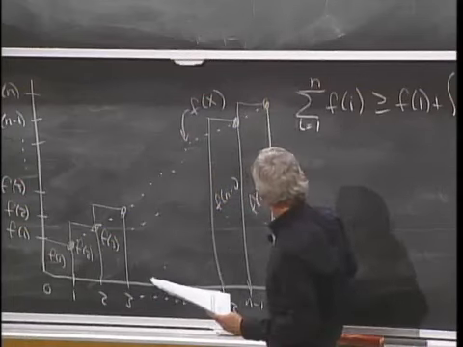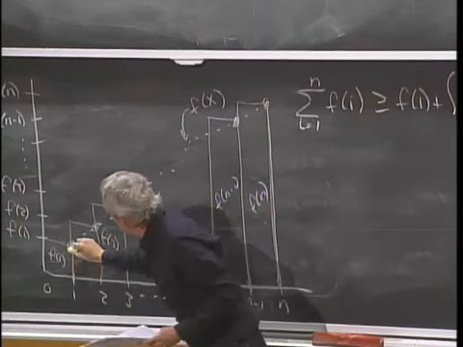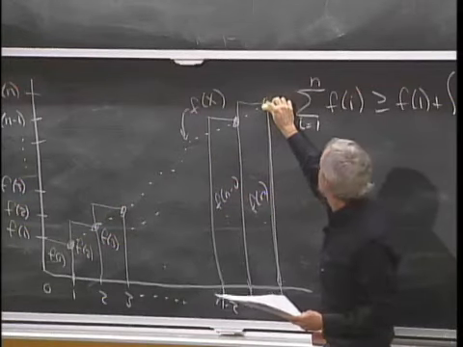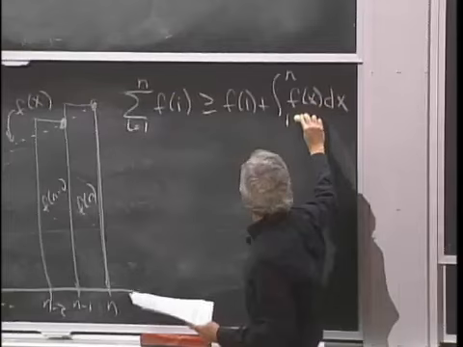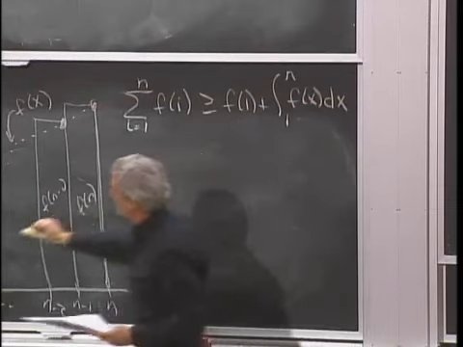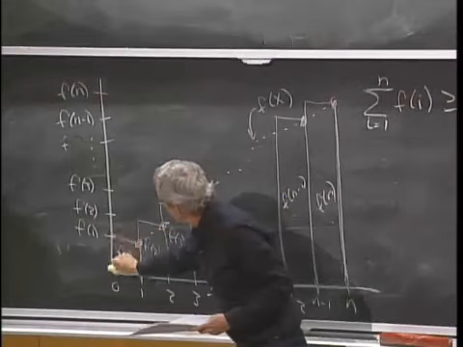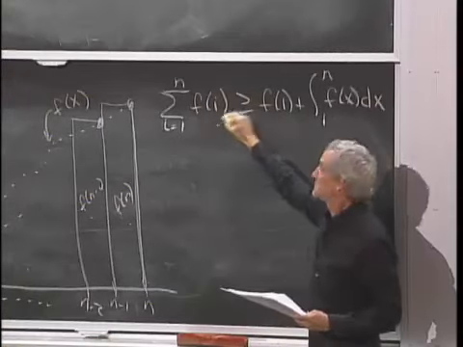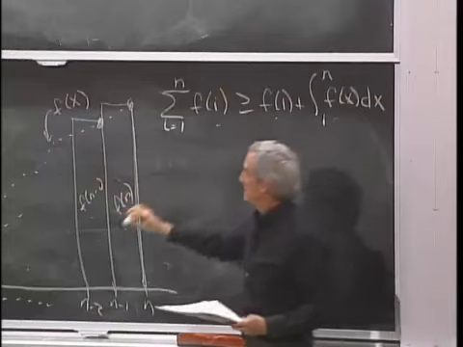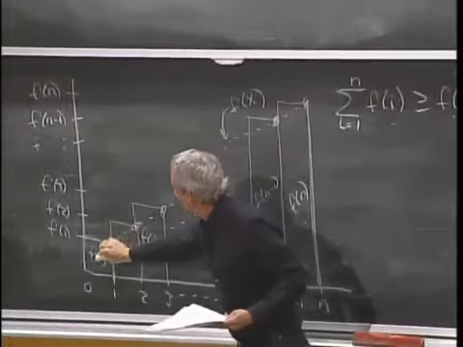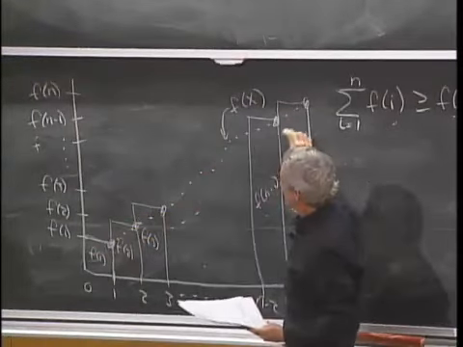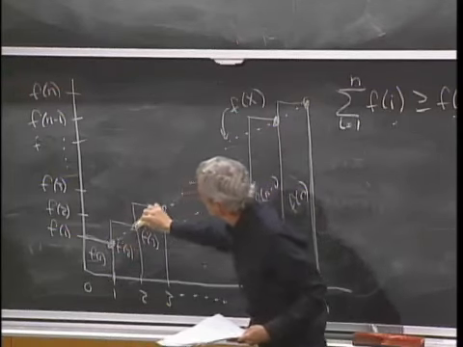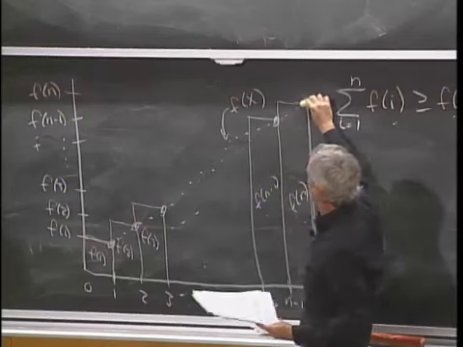It starts at 1, and it's the stuff under the curve. And what I'm saying is that if you take that stuff under the curve and add f of 1, which is this piece, that's a lower bound on our sum. The sum's bigger than that. So the area in the rectangles is at least as big as the area in the first rectangle plus the area under the curve.